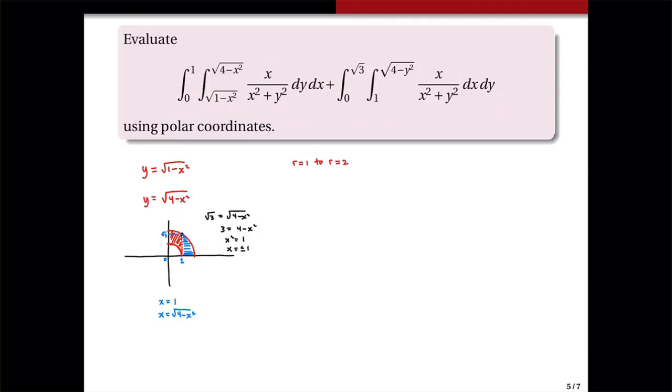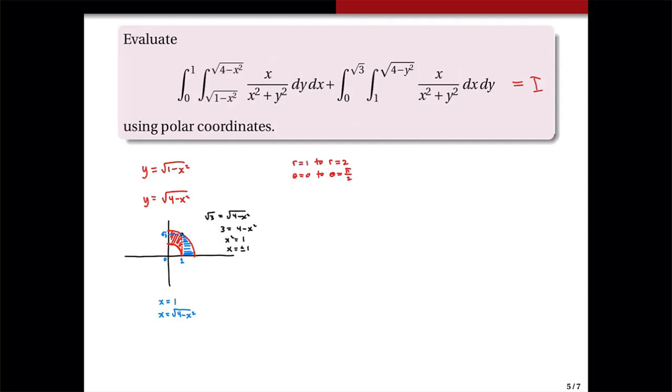And then for theta, it will be from theta equals 0 until theta equals pi over 2. Correct? Which means I'll label this as capital I.